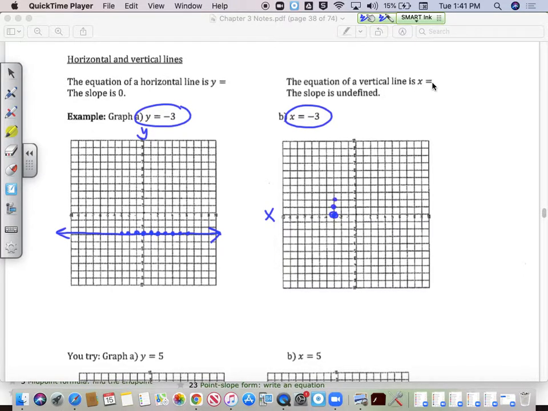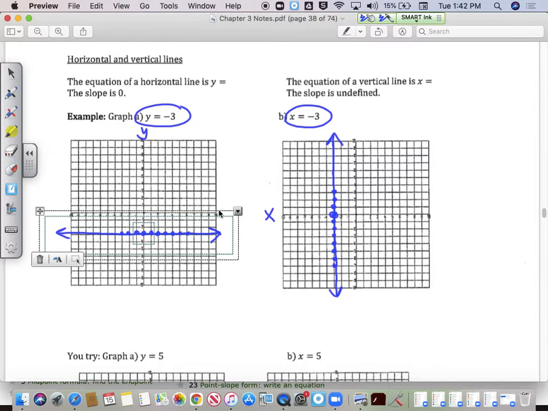All the points on this line always have -3 as the x-coordinate of the point, which would make a vertical line at -3. X equals -3 means no matter what, -3 is always x, and all of the points that have -3 as x look like this. This says no matter what, all of the points have -3 for y. Well, all of these points here have -3 for y, which is why it creates that type of line there.